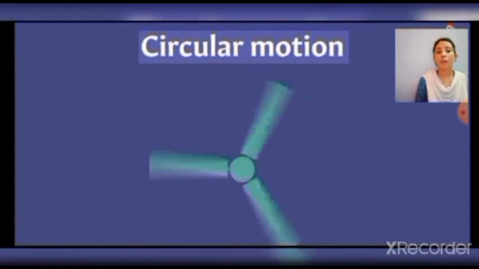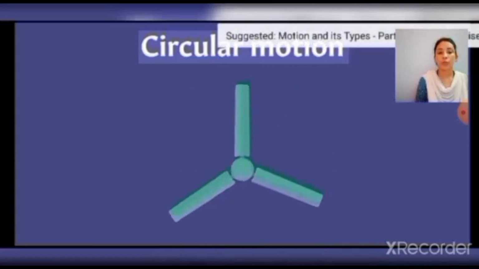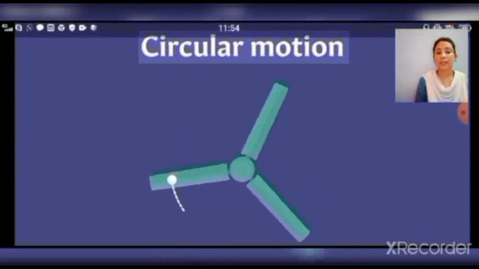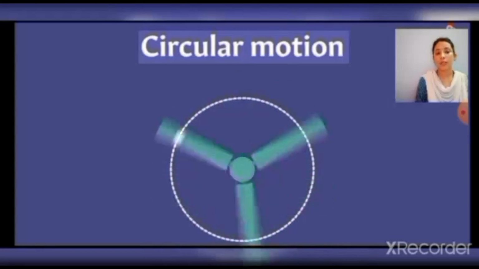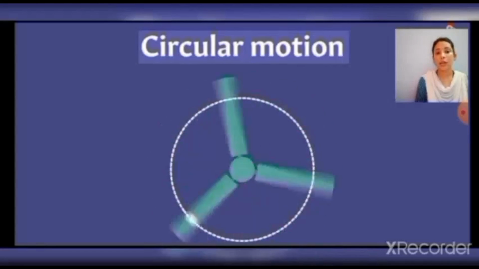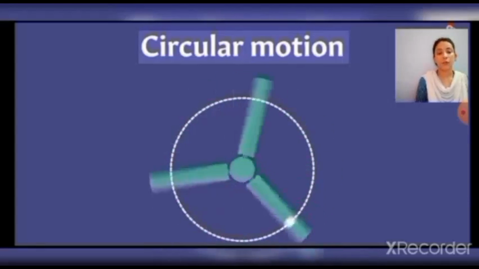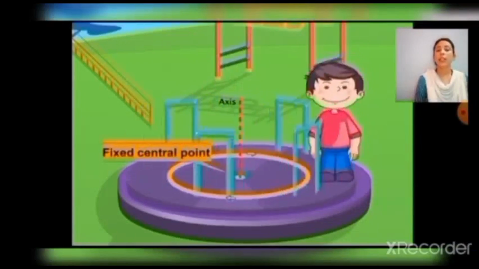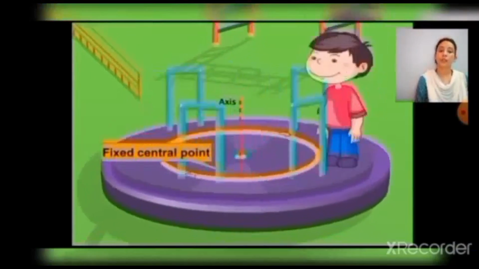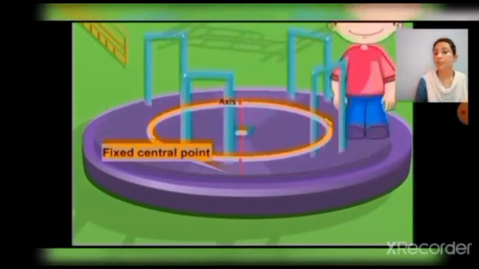Movement of a fan is also an example of circular motion. If you consider one blade as a dot or point and you join all these points according to its movement, you will find a circle is formed. But there is a condition in the case of circular motion. The central point has to be fixed.